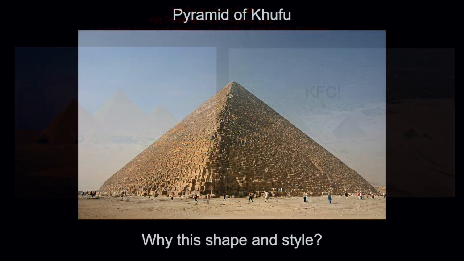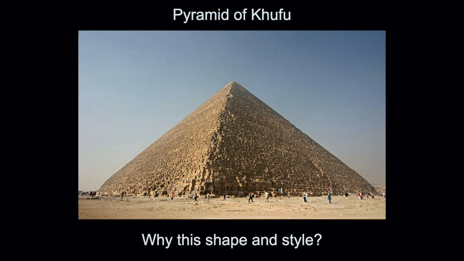The largest of the 3 pyramids is that of Khufu, or Cheops. That's the Greek name for him. It was a tomb that was constructed over a 14 to 20 year period. I'm about to give you a bunch of numbers, so prepare yourself. It was originally 280 Egyptian cubits tall, which is about 480.5 feet.